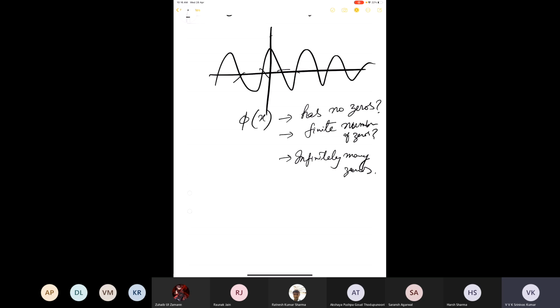Without solving the differential equations, we will study only the oscillations or zeros of the solutions.